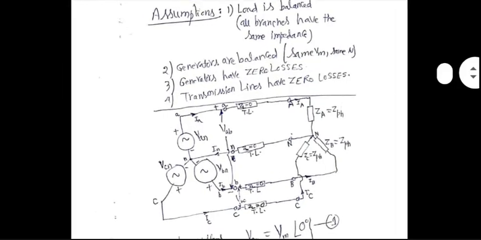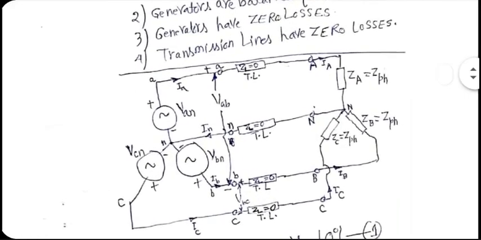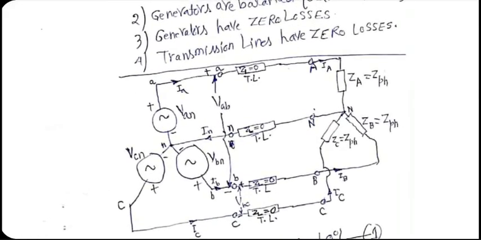The phase voltages are VAN, VBN, VCN, where A, B, C, N are small letters. On the load side, we have a balanced load, Z capital A, Z capital B, Z capital C are all equal to ZPH.